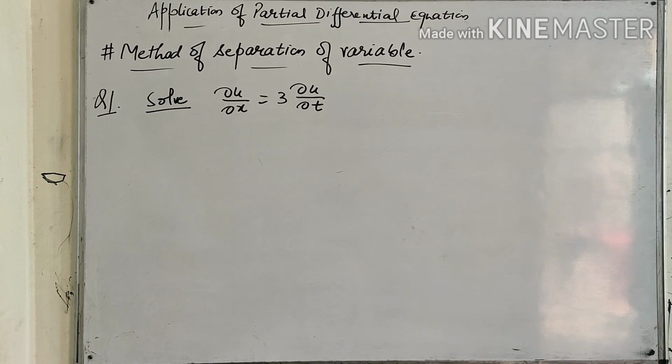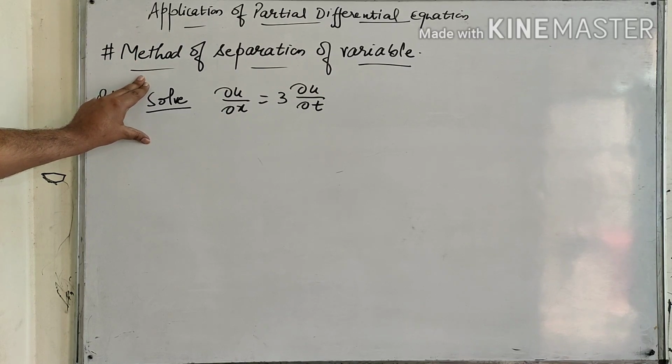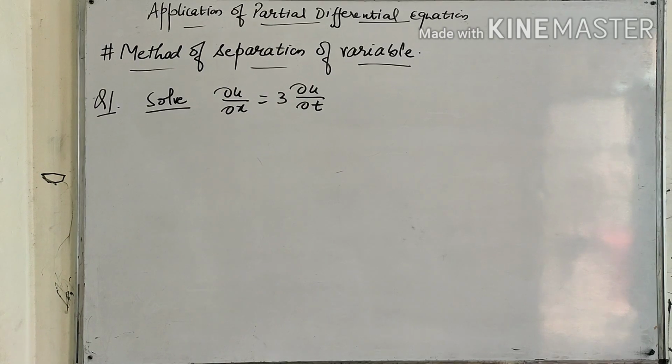In this application part we use the method of separation of variables. For this method we take the first question: solve del u over del x equals 3 del u over del t. In this method we assume that the dependent variable is the product of two functions, each of which involves only one of the independent variables. So two ordinary differential equations are formed.